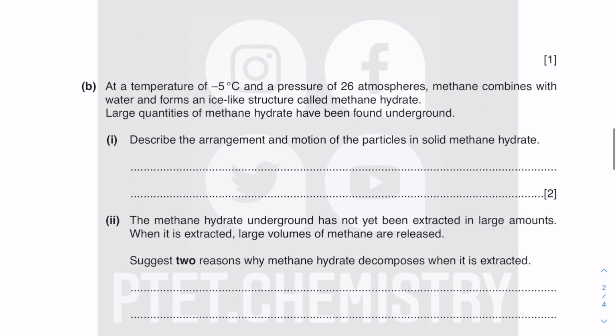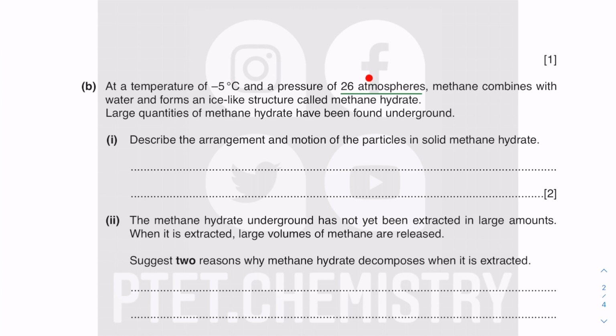Next one, at a temperature of -5 degrees Celsius and a pressure of 26 atmosphere. 26 atmosphere is quite high, so the pressure that we are living at the moment on sea level, if you are not living like on Mount Everest or wherever, is about 1 atmosphere. So 1 atmosphere is like standard atmospheric pressure. -5 degrees Celsius is much below our room temperature.